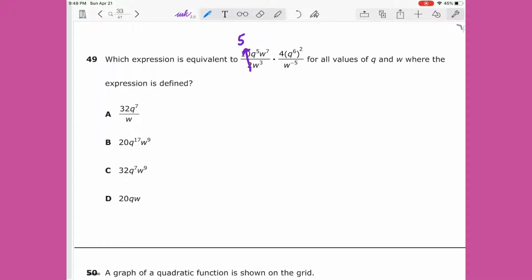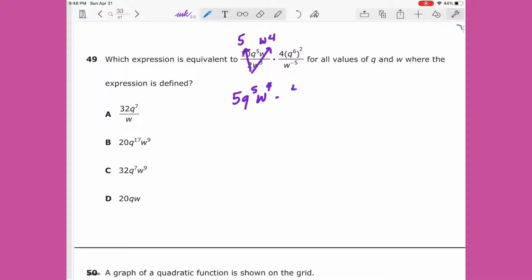And I know q to the 5th won't go in the bottom. But when I talk about 7 minus 3, that's going to go up because 7 is higher. So 7 minus 3 will give me 4. So that becomes w to the 4th. So this is going to be 5q to the 5th w to the 4th, times, now, let's distribute.